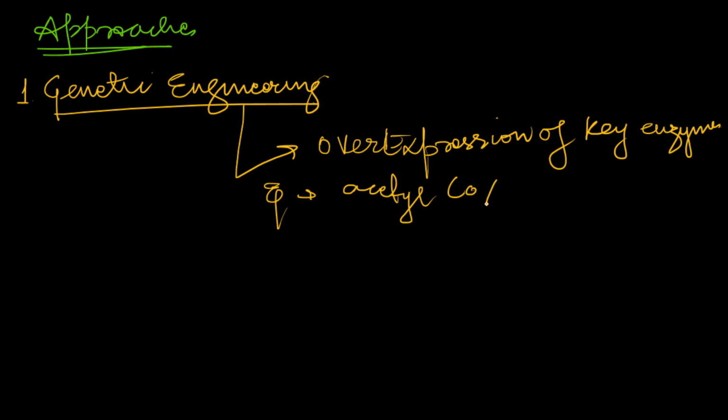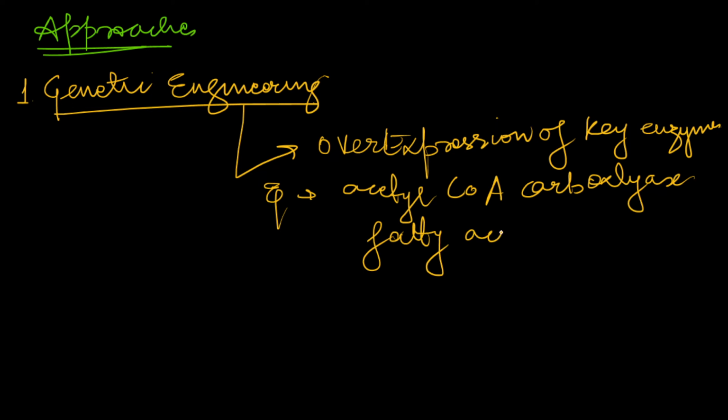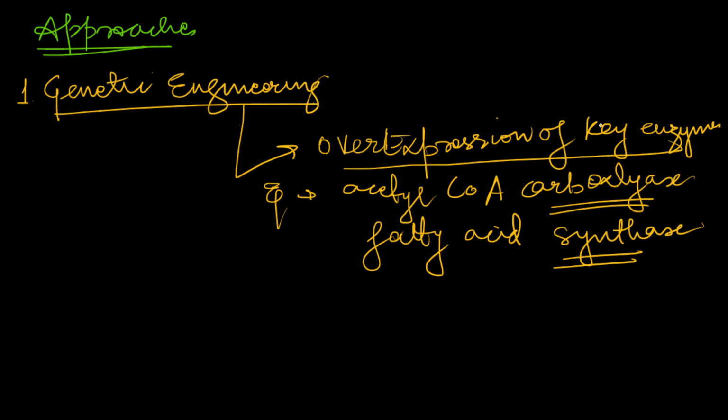You can also give the example of fatty acid synthase. These are the enzymes which can enhance the oil content in the oilseed crops, and this process of overexpression of these enzymes can enhance the yield.